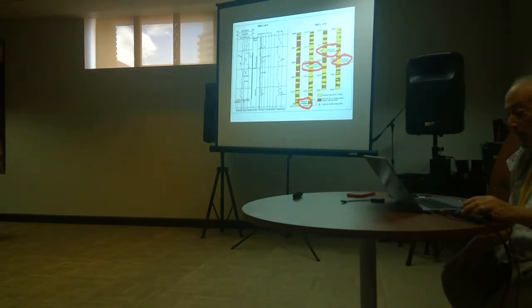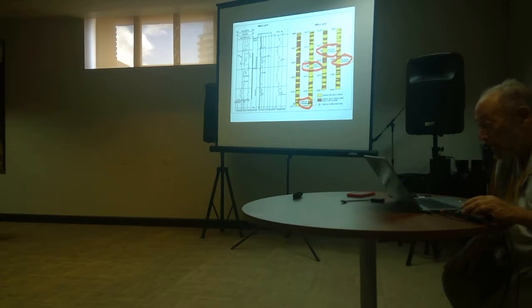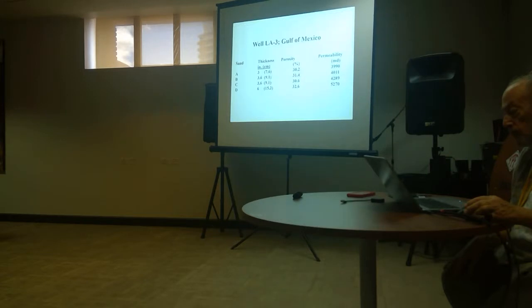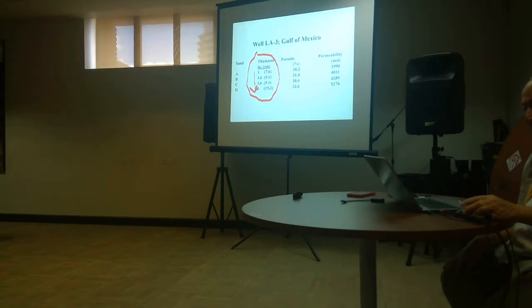Now, if we measure the thickness of each of these 4 beds, we get something like this. And the beds were called bed A, B, C, and D. So if we look at those 4 sands, and we've measured the thickness, and thickness increases downward, meaning that sand D has a thickness of 15.2 centimeters, sand A has a thickness of 7.6.